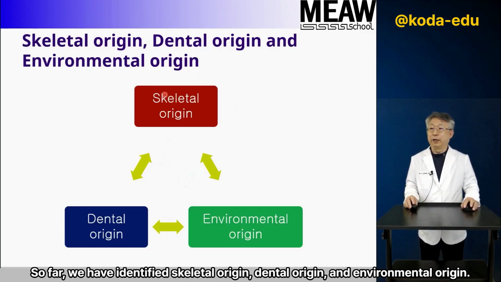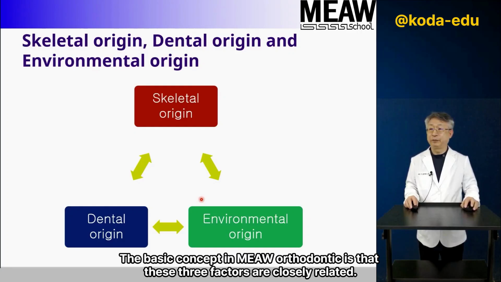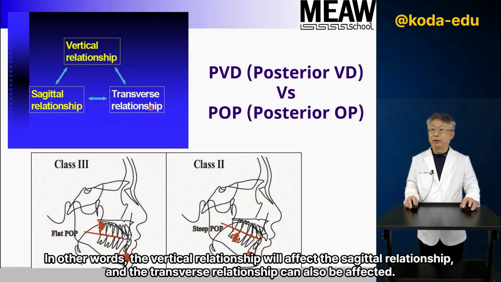So far, we have identified skeletal origin, dental origin, and environmental origin. The basic concept in MEAW orthodontics is that these three factors are closely related. In other words, the vertical relationship will affect the sagittal relationship, and the transverse relationship can also be affected.